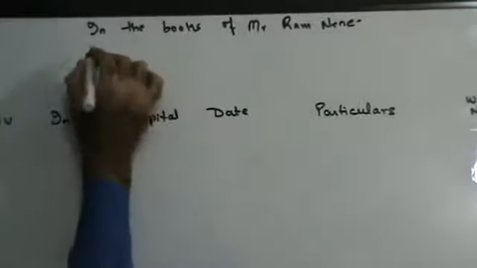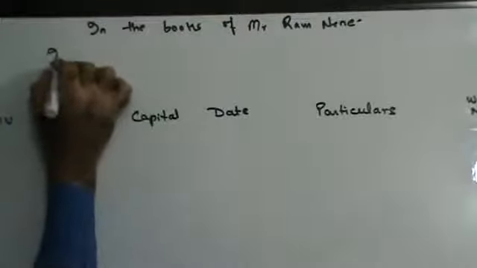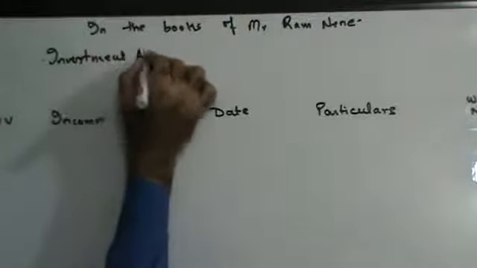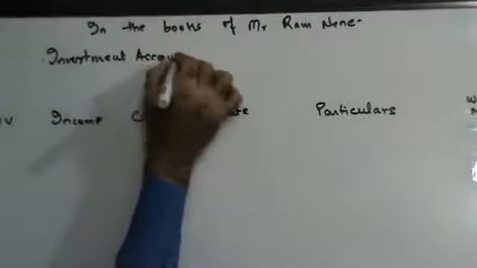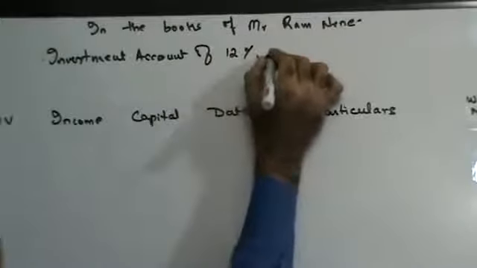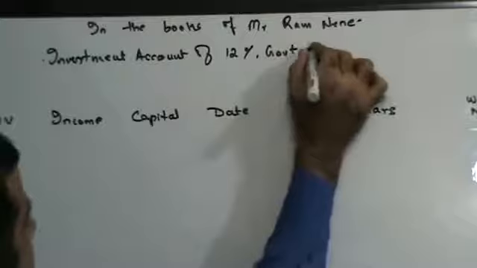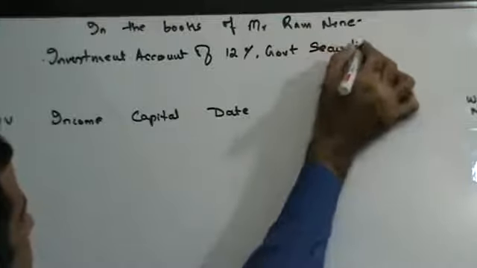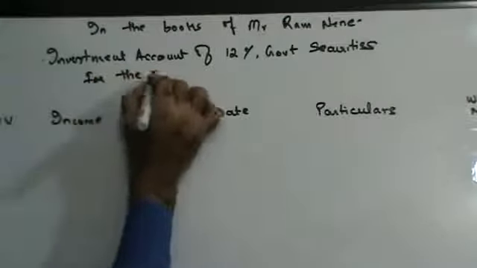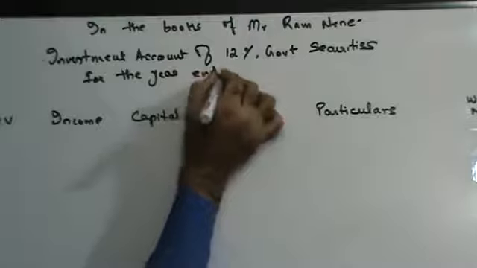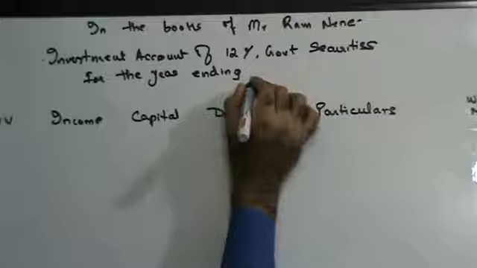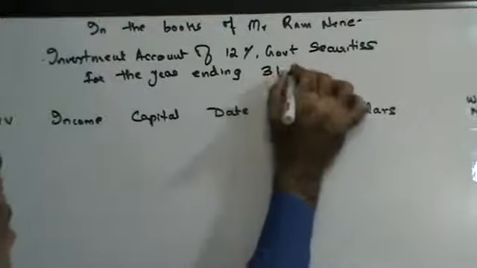You're making an investment account of 12% government securities for the year ending 31st December. The year ends on 31st December every year. We'll see the year later.